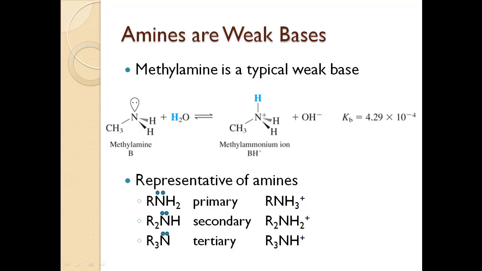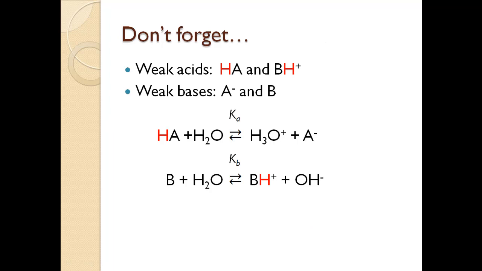Realize that when these weak bases become their conjugate acids, they're still considered weak. So weak bases make weak acids, and the same concept goes for weak acids making weak bases when they convert to their conjugate pair. As a summary, here I'm showing you the two different reactions, one for a weak acid and one for a weak base.